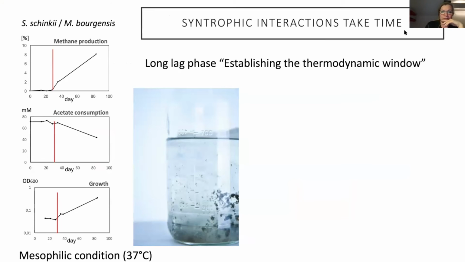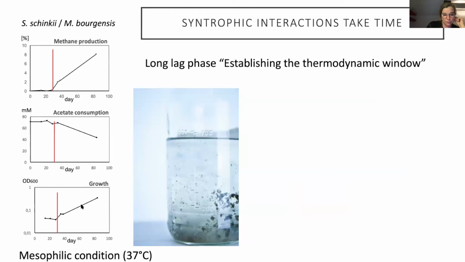So this syntrophic interaction takes time. I want to show you that here. They have a long lag phase. As you see here, the growth is displayed. This is a mesophilic culture growing at 37 degrees. And they start growing after 30 days, and this is good already.